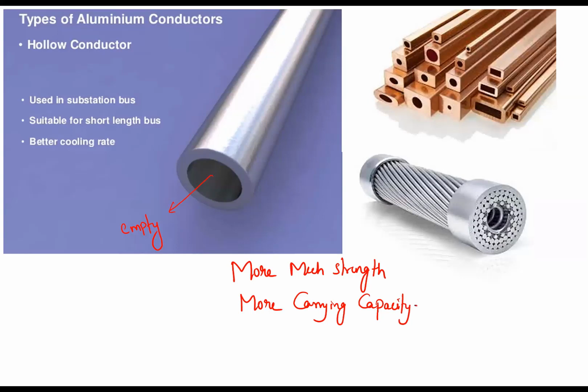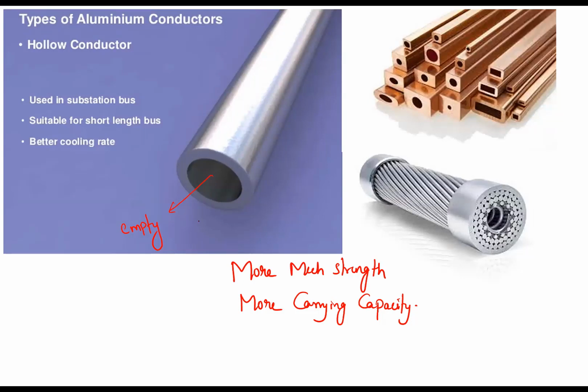Okay. If more current flows through the conductor, there will be a lot of I square R losses. It will generate a lot of heat. So to cool the conductor, there is a provision in the hollow conductor.